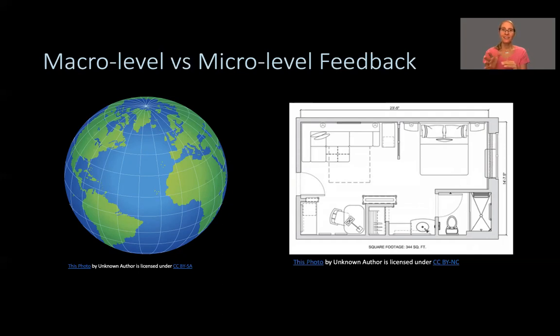And then on the other side of the screen, I included a detailed shot of an apartment with everything laid out. And I'd like you to think of that as micro level feedback. That is the type of feedback where you're looking perhaps at the structure of ideas, you're looking at the structure of sentences, you're getting into the line and maybe making some comments on, well, you haven't integrated this source perhaps as carefully as you could, right?